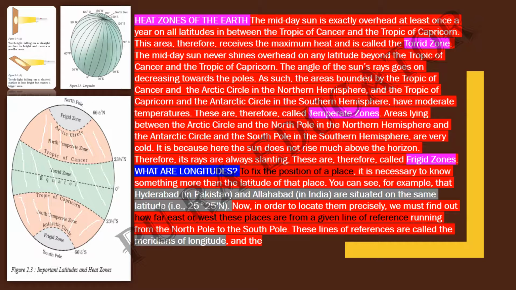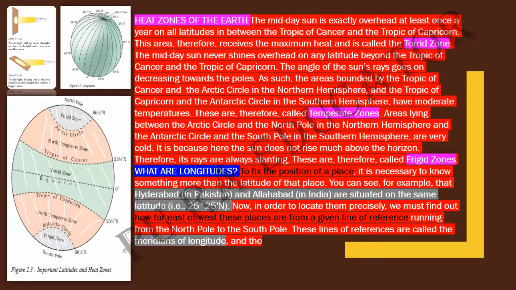Now we'll see the third zone, which is at the poles. In the northern region, between the North Pole and Arctic Circle is the frigid zone, and between the Antarctic Circle and South Pole it is also called the frigid zone, because throughout the year it is covered with snow.